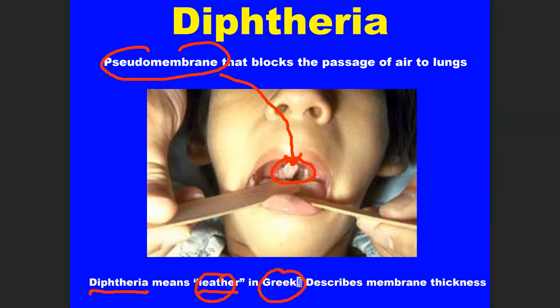in the Greek language. So just imagine you have this thing in the back of your throat that feels like a piece of leather stuck there. It'd be very hard to breathe. And so when a person has diphtheria, that pseudomembrane has to be constantly peeled off to keep the person from suffocating, basically.